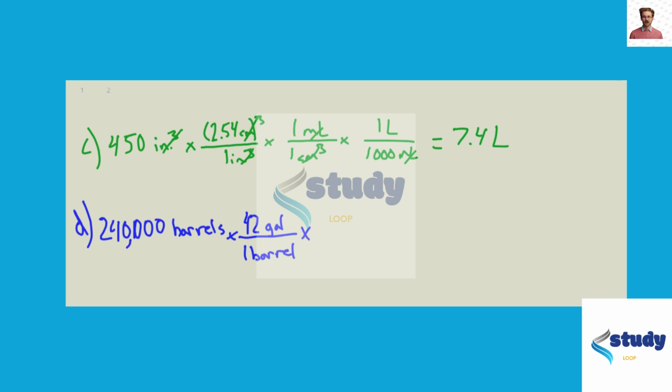Then we can convert from gallons to liters by multiplying by 3.785 liters per 1 gallon. Barrels cancel, gallons cancel, and we get a value of 3.8 times 10 to the 7 liters.